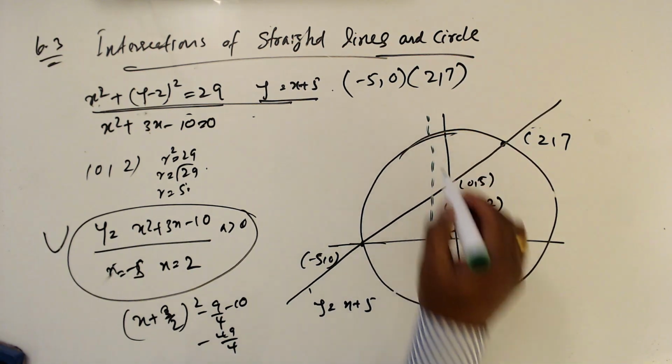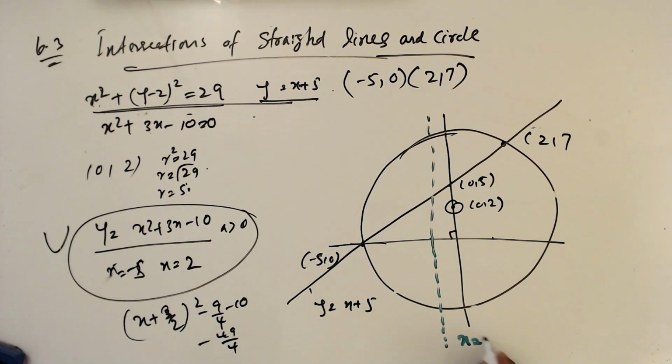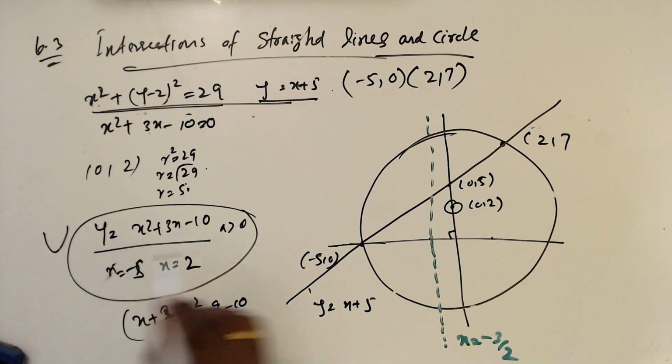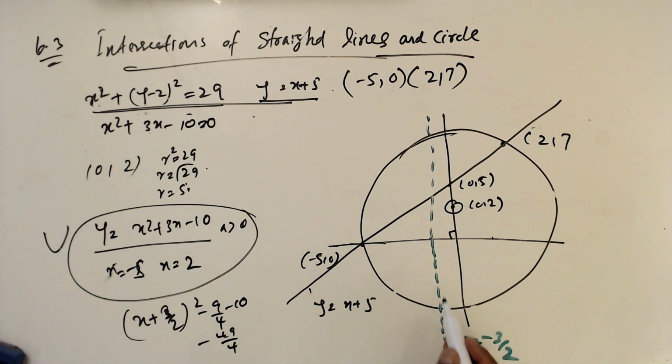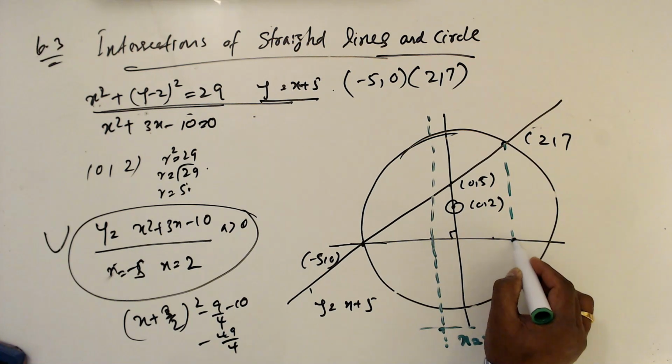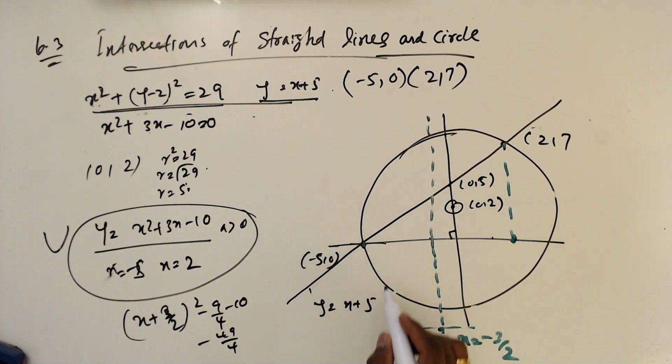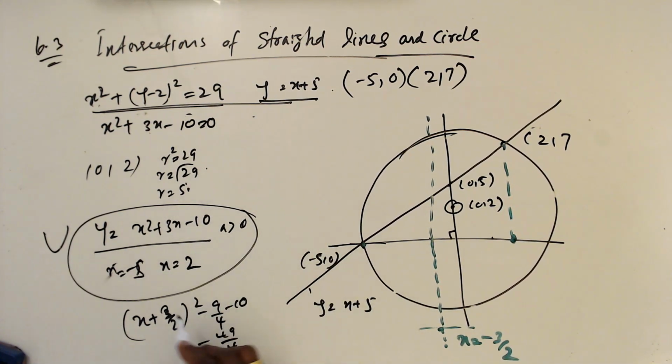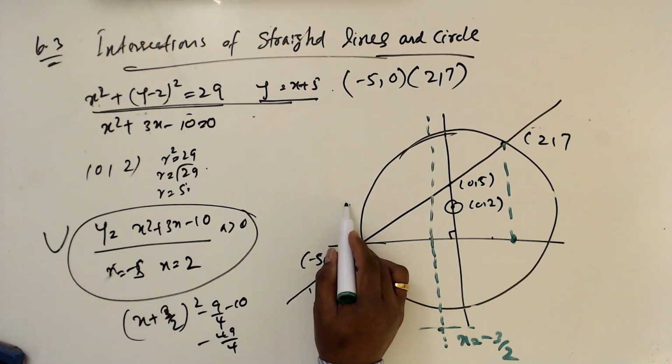This is the symmetric line, x equal minus 3 over 2, and this graph has a minimum at minus 3 over 2, minus 49 over 4, somewhere here, and those are the roots x equal minus 5 and x equal 2.